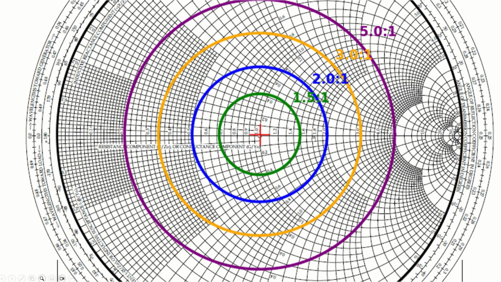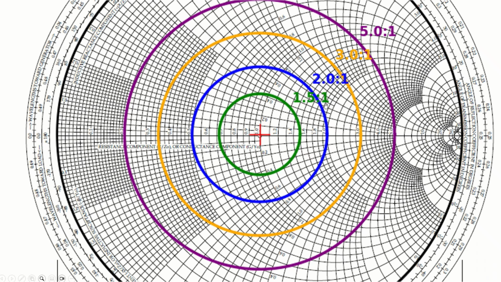This is the pure resistance line, and it crosses it at 1.5; this line is 1.4 and this line is 1.6. So if the VSWR is 1.5, it has the same value on the pure resistance axis.